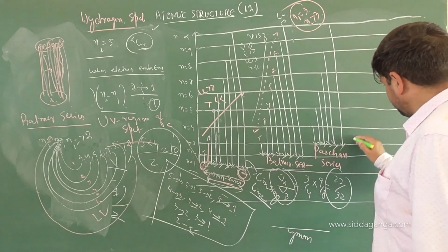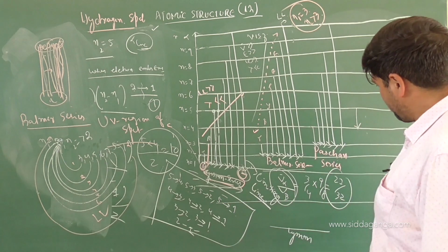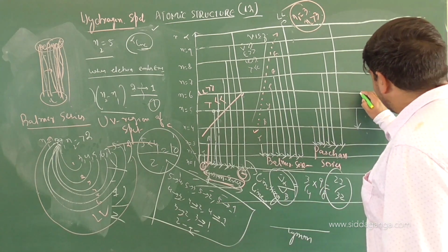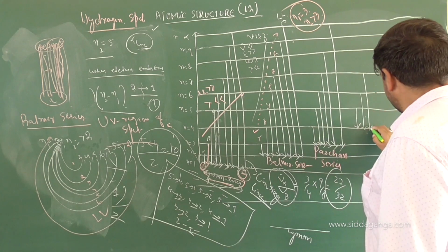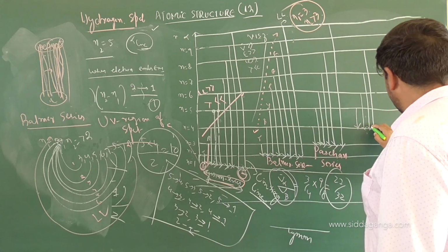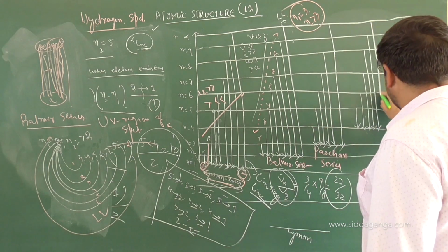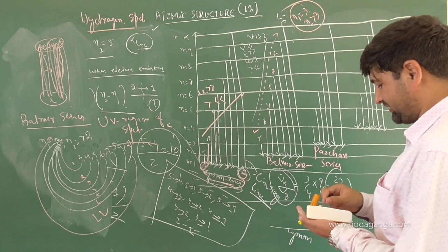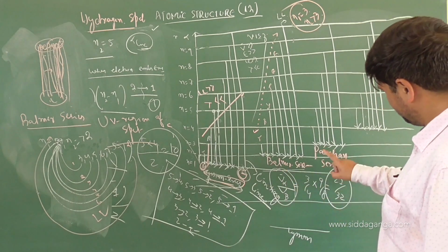Then you have one more series that is called as Brackett series. Here the emission of energy occurs and electron is coming from higher energy levels. And what is the ground state for us? 4. Which series, what I call this series as? It is Lyman, Balmer, Paschen.